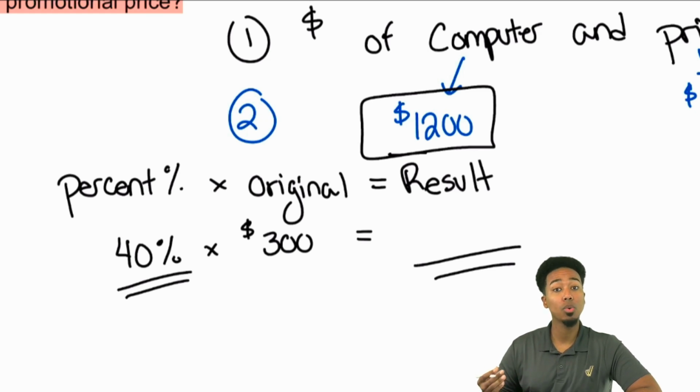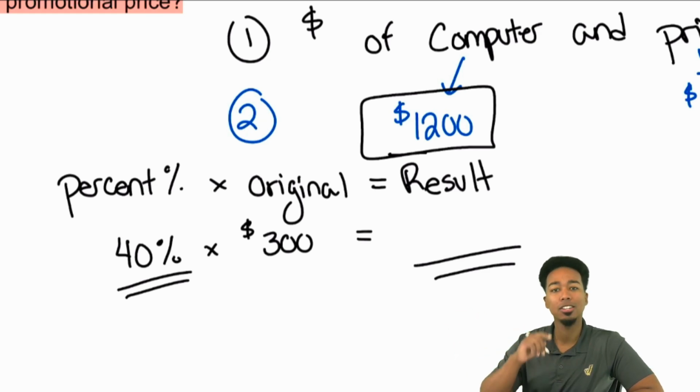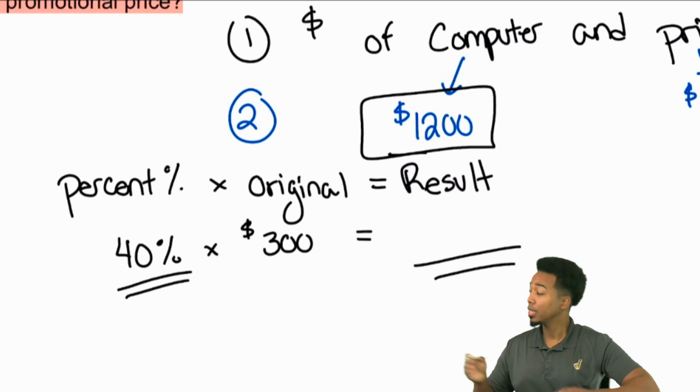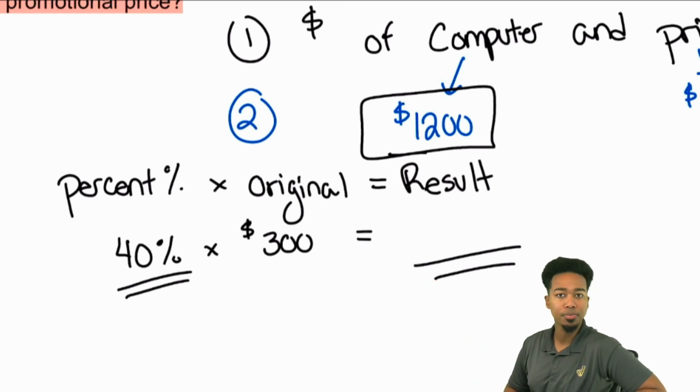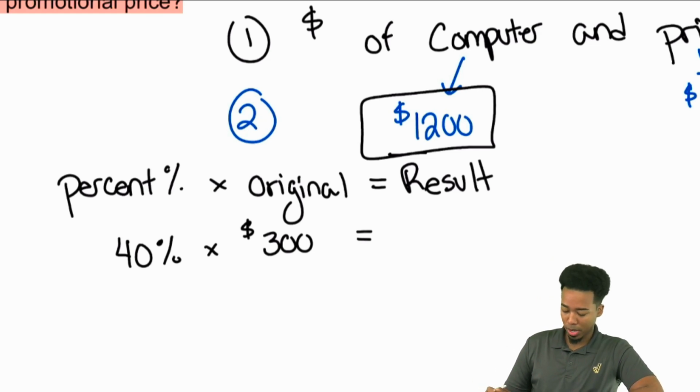It means that if you want the actual cost, you need to take that number away from the 300, and that will be how much money you'll be spending on the printer. Another way to do it is by starting with 100% and taking the 40% away, seeing that you're going to be paying 60% of the printer's cost, and you'll get the same exact answer either way. And I'll show you both ways. I got you. So here we go.